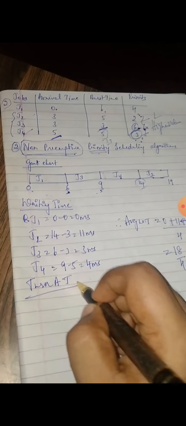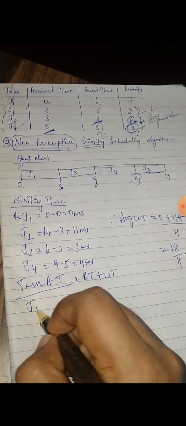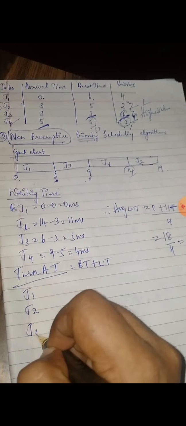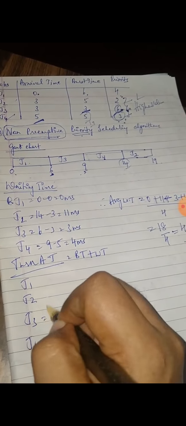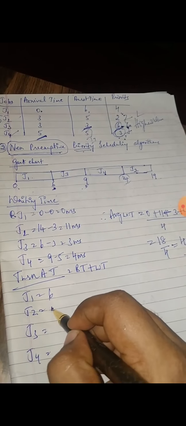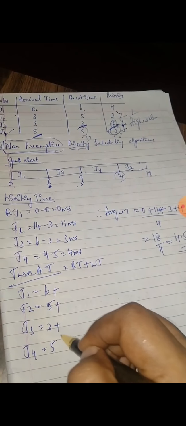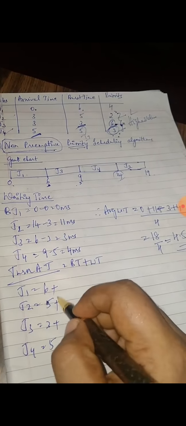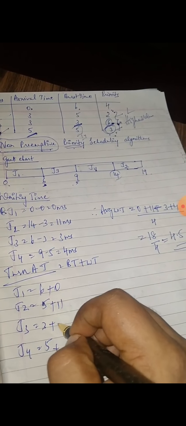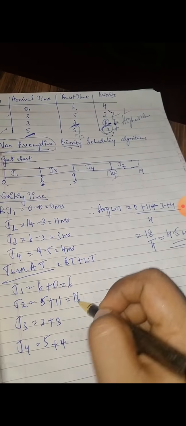Turnaround time formula is burst time plus waiting time. So J1, J2, J3, J4. Burst time you can write from what is given in the question. Waiting time you are going to get from what you have solved previously: 0, 11, 3 and 4.